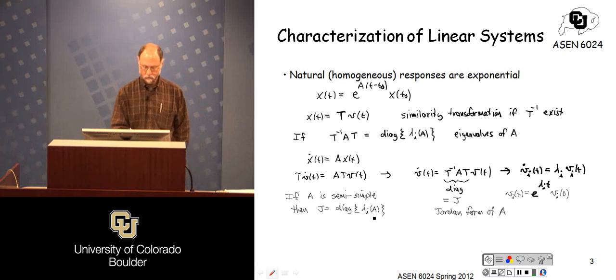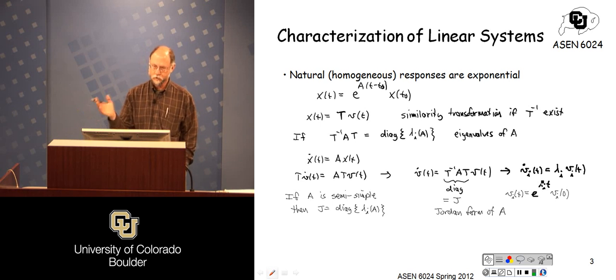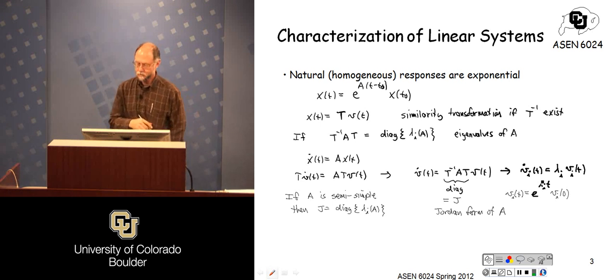Semi-simple is not quite as simple as simple. Simple is the case when the eigenvalues are all real, and I can diagonalize it with a real T, and always get real modes here, exponential modes. It's semi-simple if I can still diagonalize, but then maybe some of the eigenvalues are complex. Okay, so that's why it's not quite as simple as simple, but still, it's pretty simple. Okay, so that's where the terminology comes from.